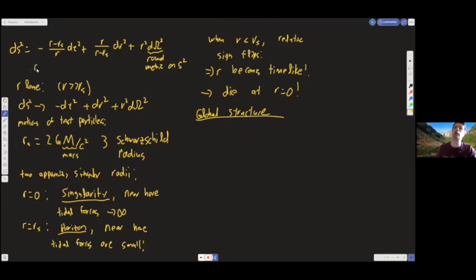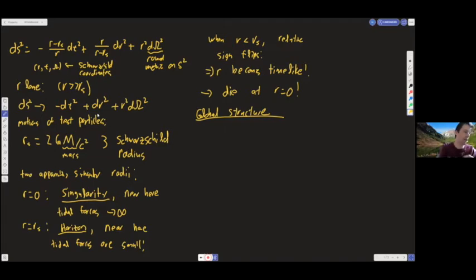So these coordinates r, t, and omega are called Schwarzschild coordinates. And they have several convenient features. One is they make the spherical symmetry manifest, and another is that at large r, you match nicely onto the flat space metric.